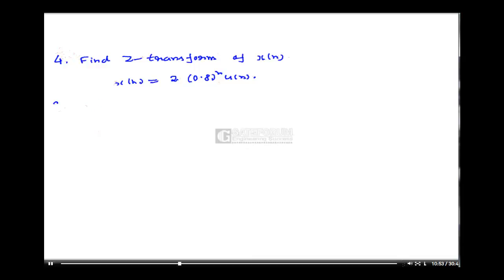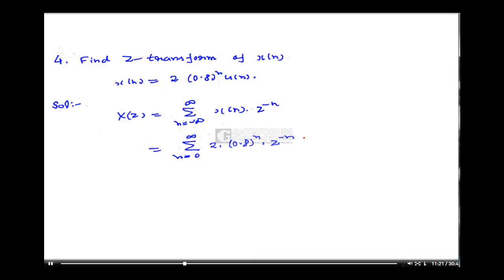Now solution of this. From the formula of Z transform, I know X(z) is the summation n tending to minus infinity to infinity of x[n] z to the power minus n. So substituting x[n] from the question, I can write summation n from 0 to infinity of 0.8 to the power n z to the power minus n.